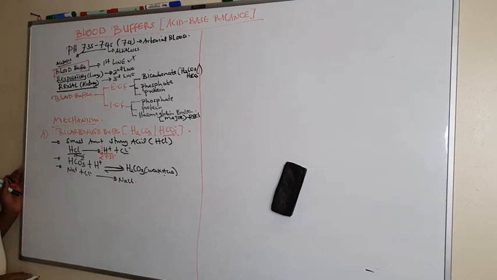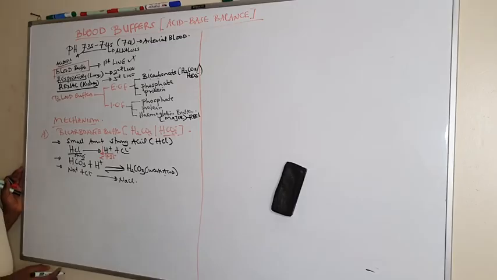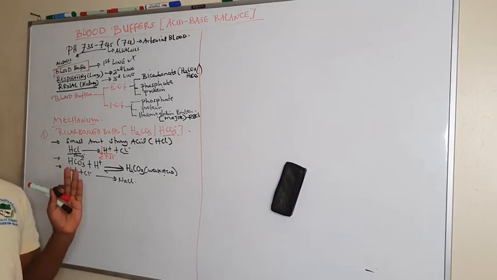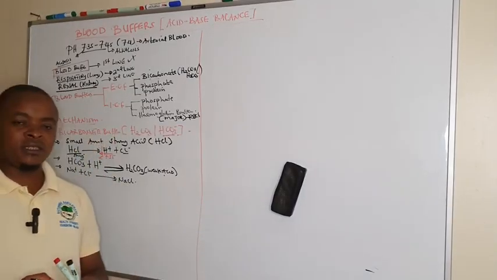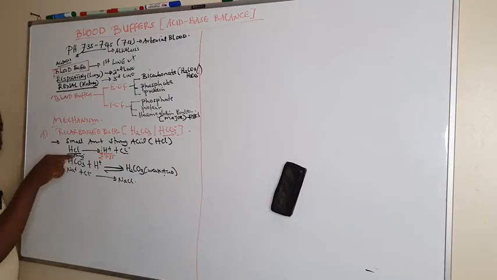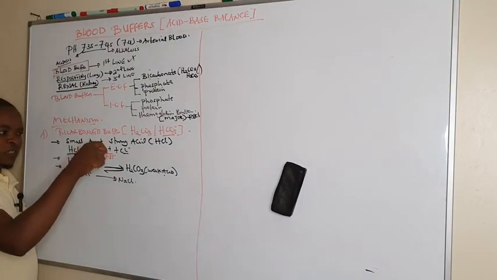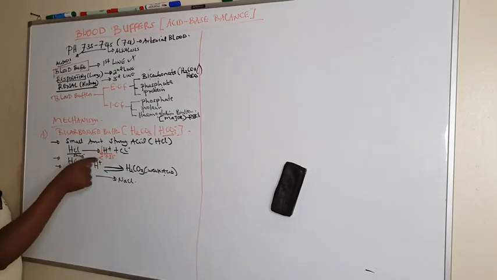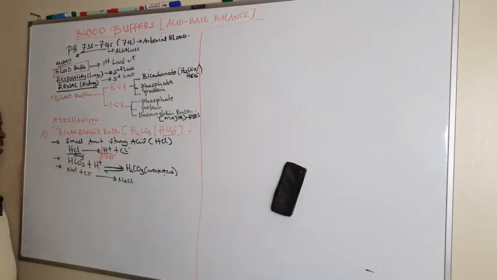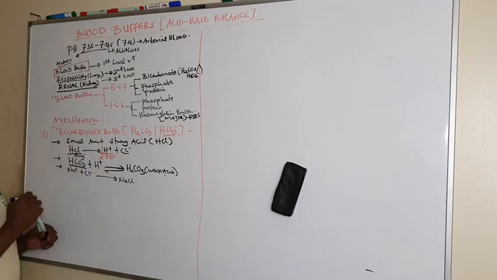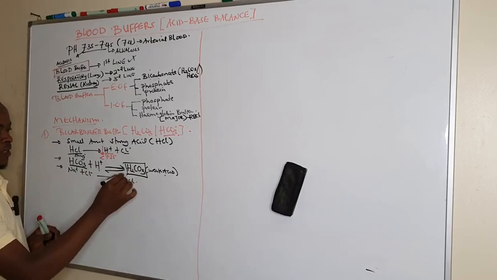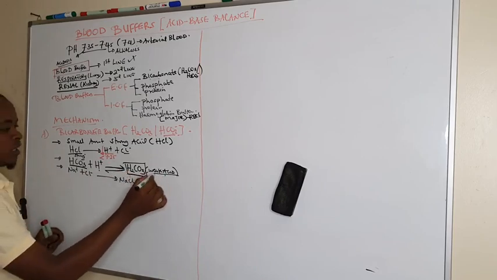So this is the mechanism of action of this buffer. Here the point is, how does it maintain the pH after adding hydrochloric acid? The strong acid, which would have decreased the pH below 7.35, has its protons buffered by the conjugate base, the bicarbonate, forming the weak carbonic acid, which will not alter the pH.